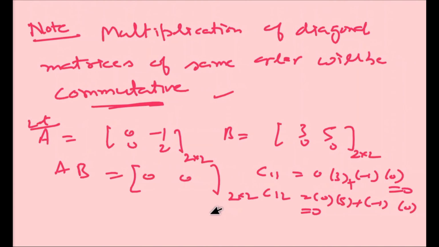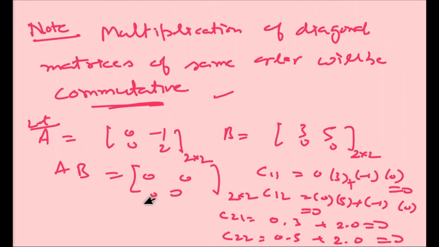So this way we get here C21, that is 0 into 3 plus 2 into 0 equal to 0. C22: 0 into 5 plus 2 into 0 equal to 0. All are 0, equal to 0 matrix.